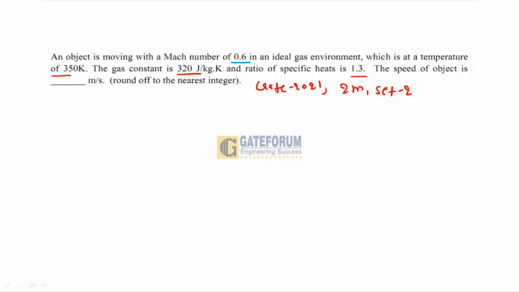First of all, tell me, in this question Mach number is given, है ना? What is the Mach number? So this is given as 0.6. और होता क्या Mach number? So we can say this is the local velocity of the object upon the velocity of sound in that particular medium. Are you getting this point?